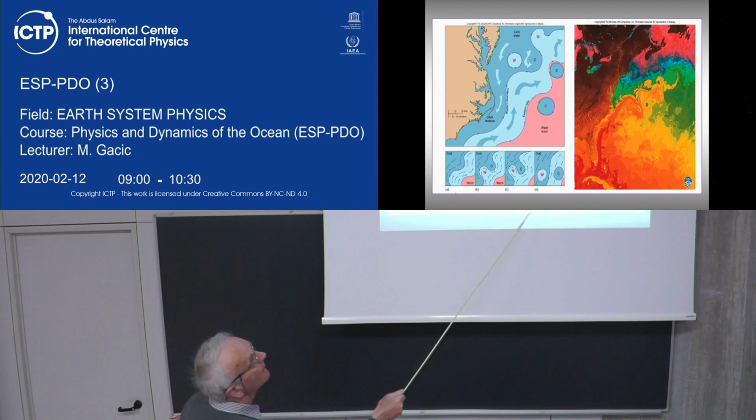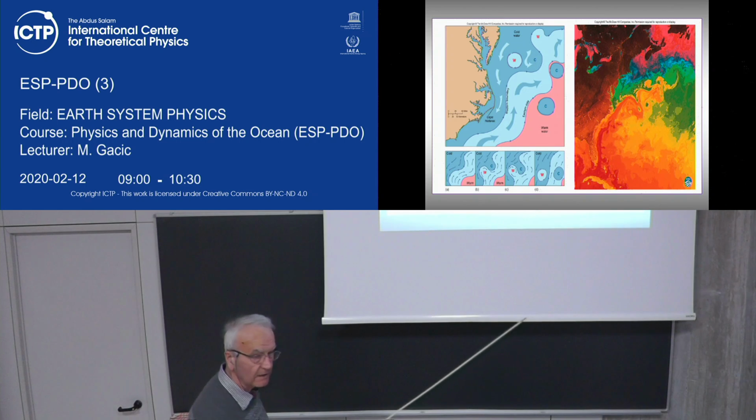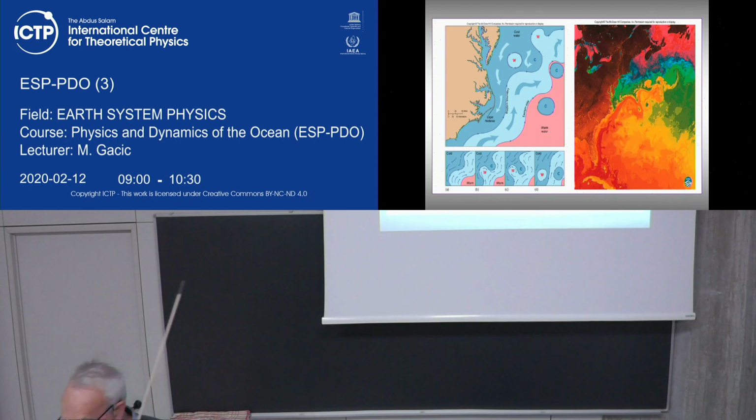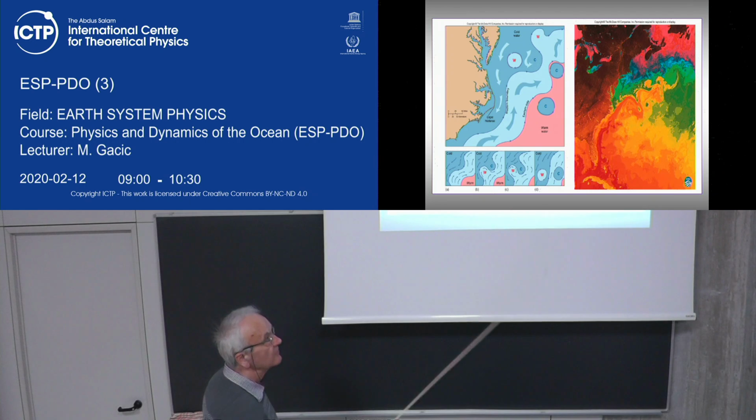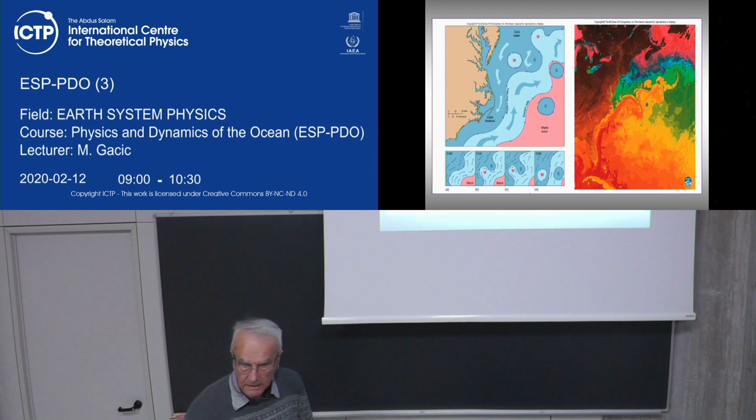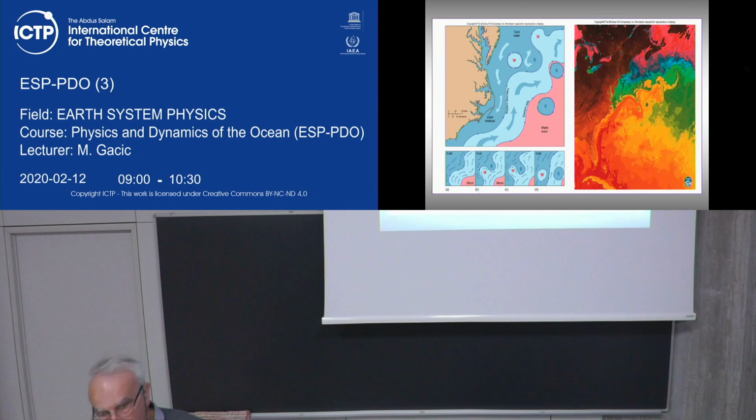This is the remotely sensed infrared image from the satellite. That means the sea surface temperature obtained from the satellite, and the more reddish the color is, the higher the temperature. If you go to bluish, the colder is the water.